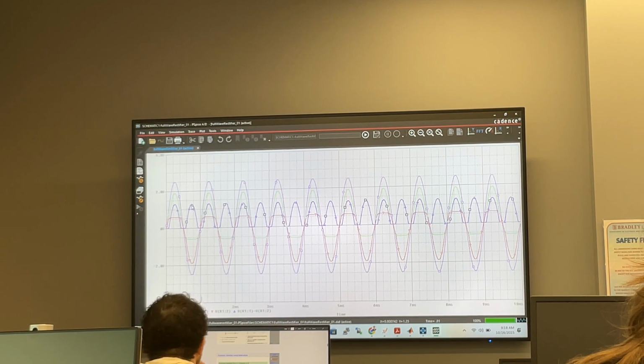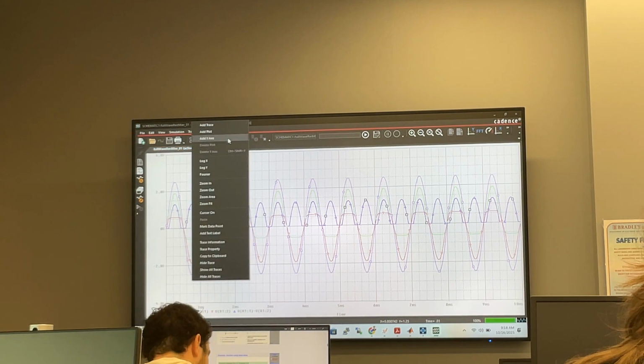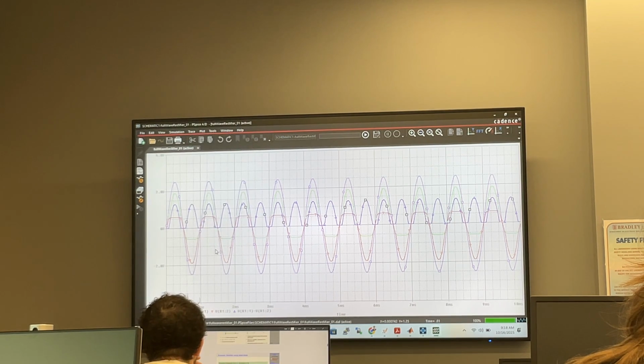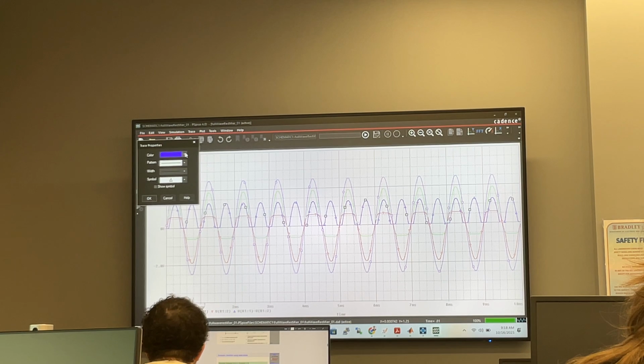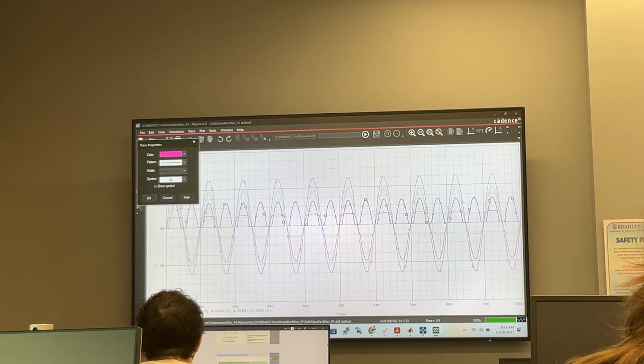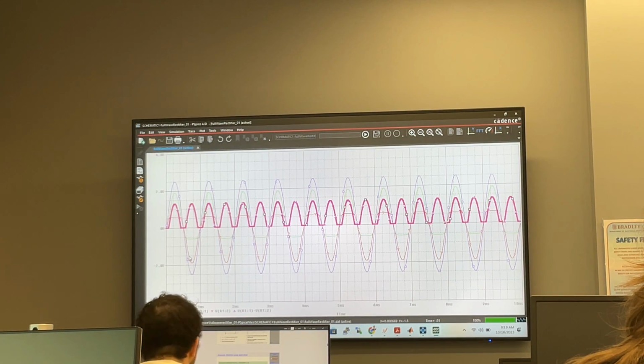You can change the color. This property. Use this color. Let's use this color. And make full. You see that it's the same thing.